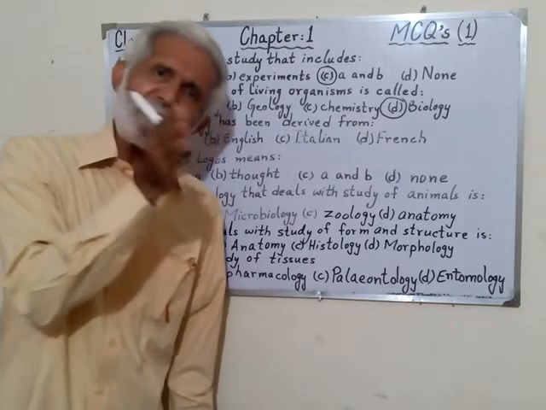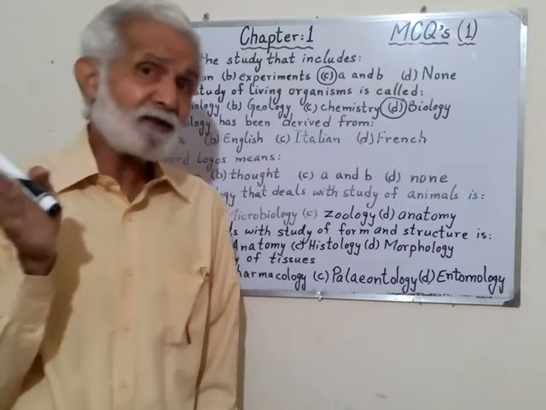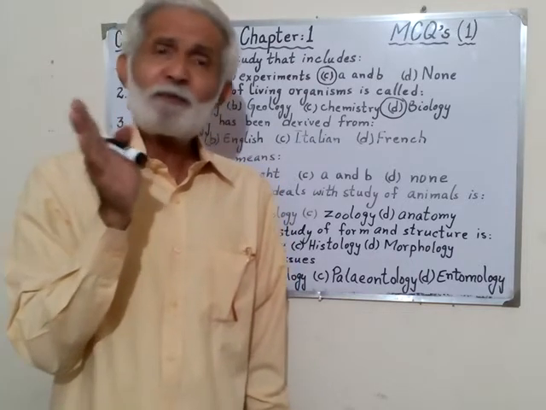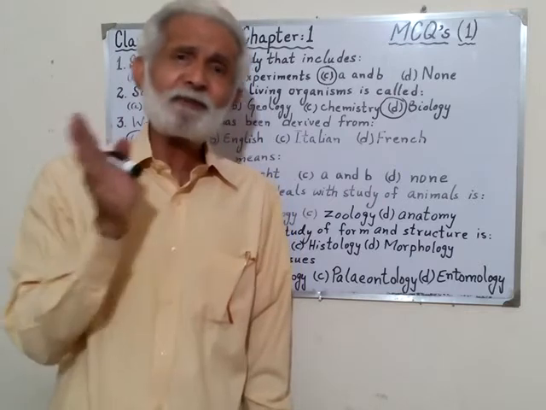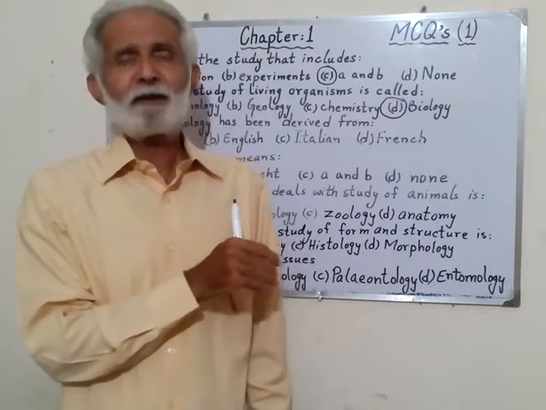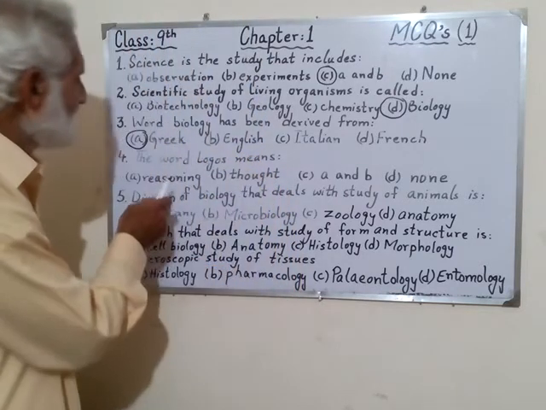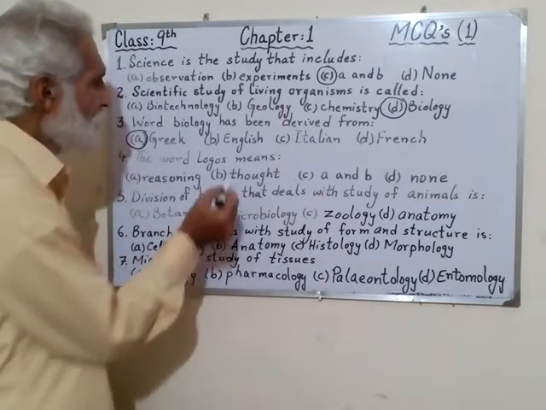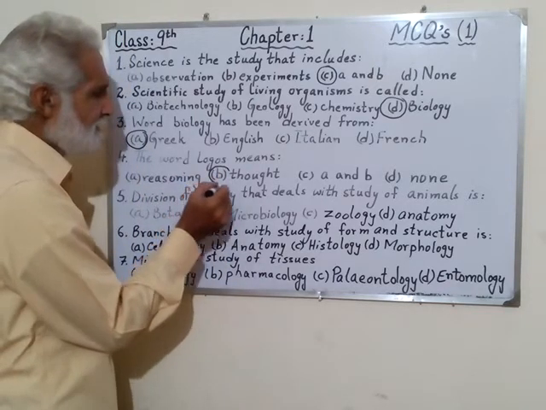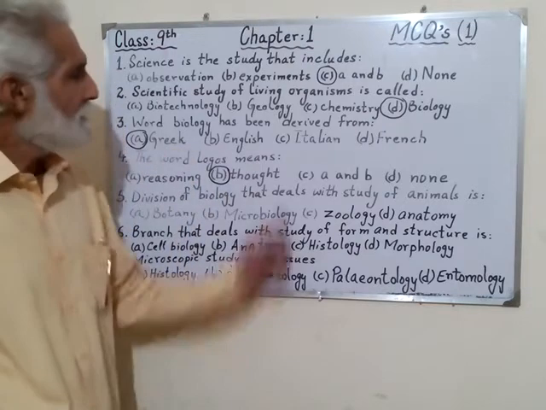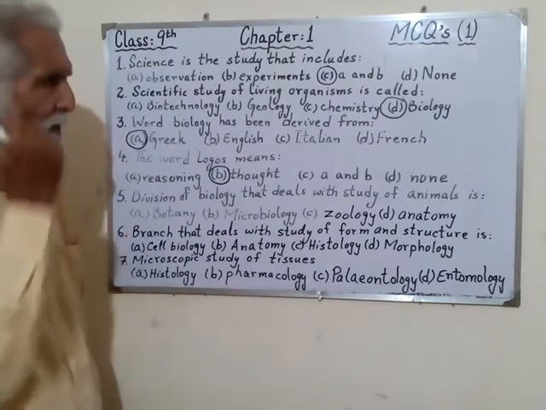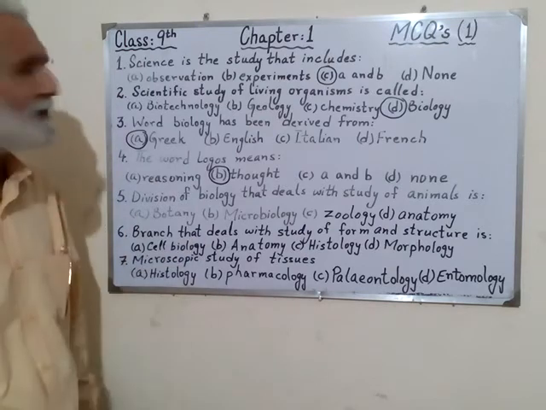If logos meant reasoning, then we would have to change the definition of biology, and we would not say study of living organisms, we would say reasoning of living organisms. So reasoning is not correct. Thought, yes, study means thought. So logos means thinking, thought. A and B is not correct because we are not going with reasoning.